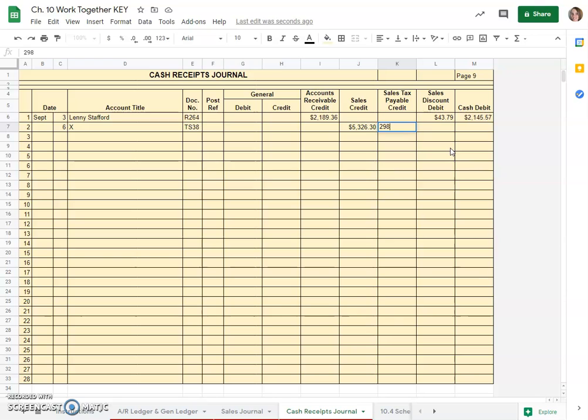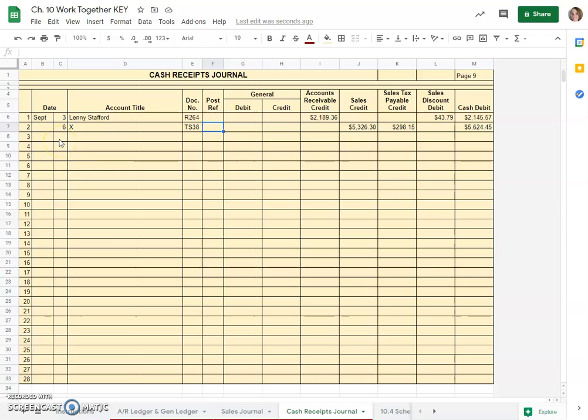So we had already collected $298.15 in sales tax, is what it says, for a total of $5,624.45, which would be our cash debit. And that should be these two things added together. Yes. Our debits equal our credits, so we should be good on this particular one.